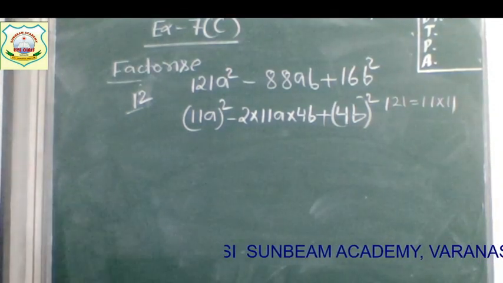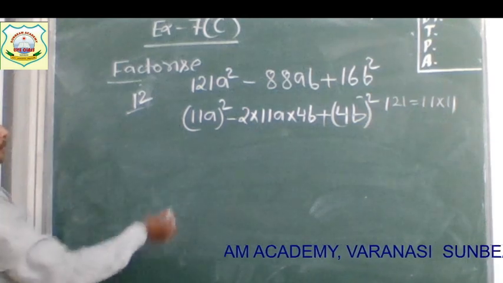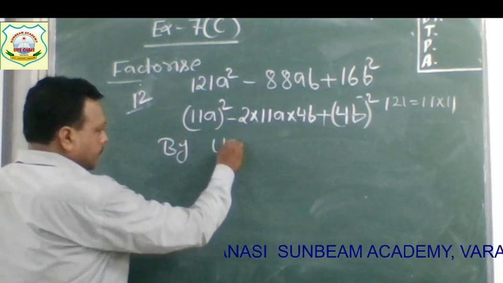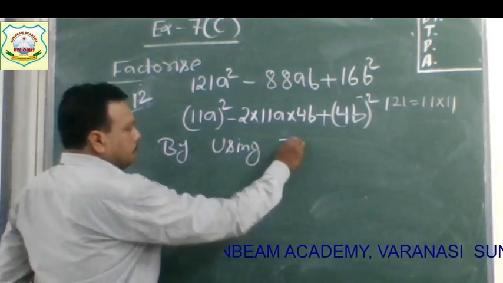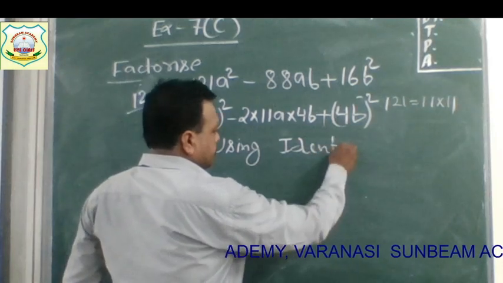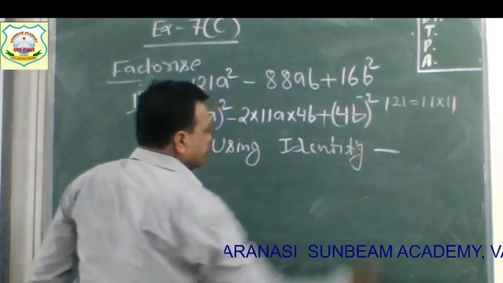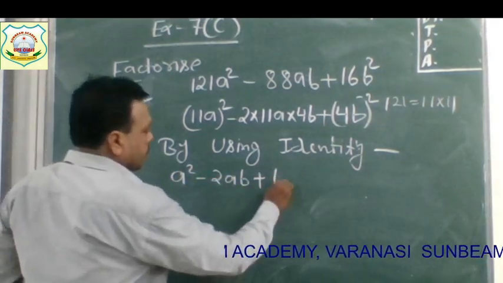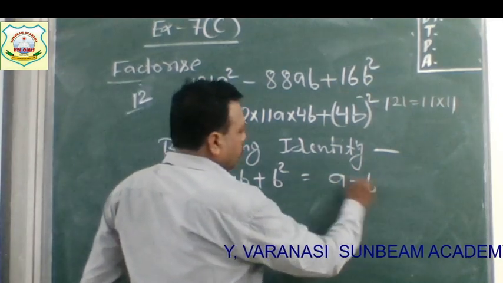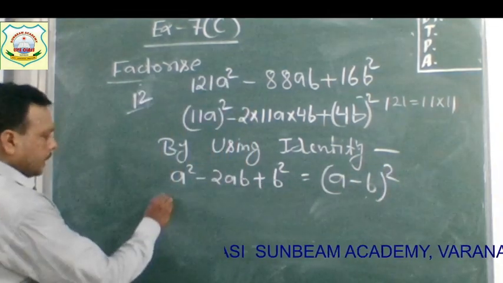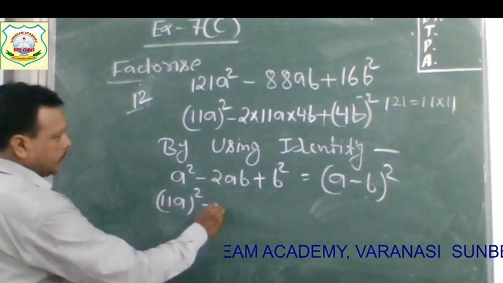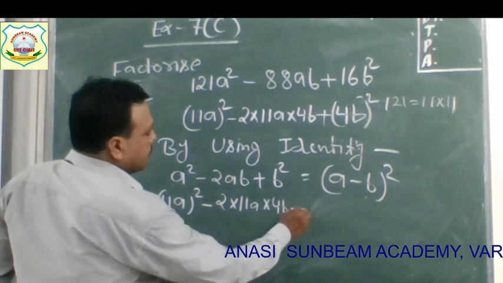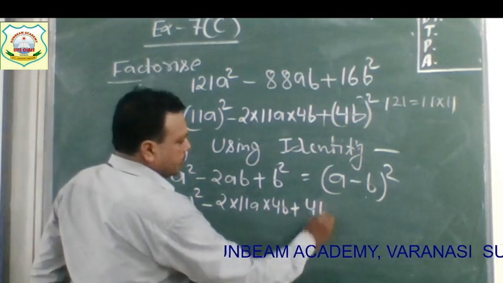Students, what format will we use? What identity will we use? A minus b whole square. Then by using the identity a square minus 2ab plus b square, that is a minus b whole square: 11a whole square minus 2 multiplied by 11a multiplied by 4b plus 4b whole square.